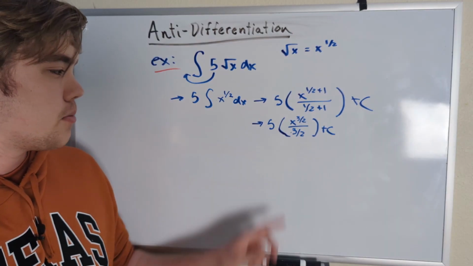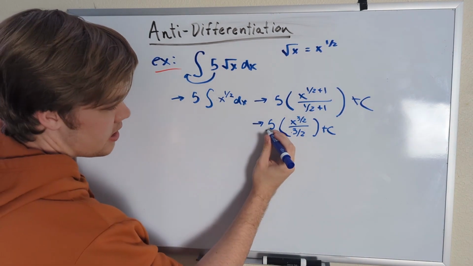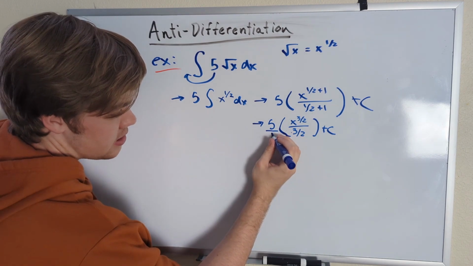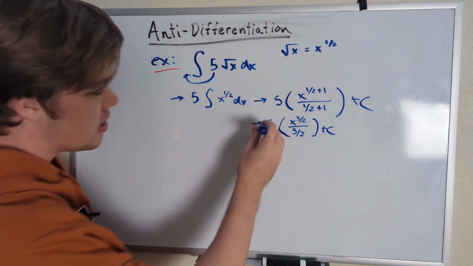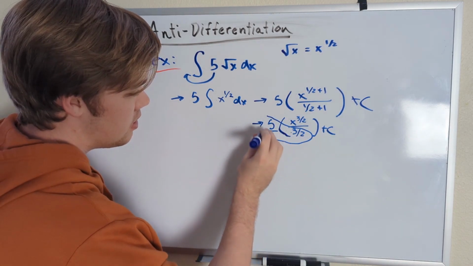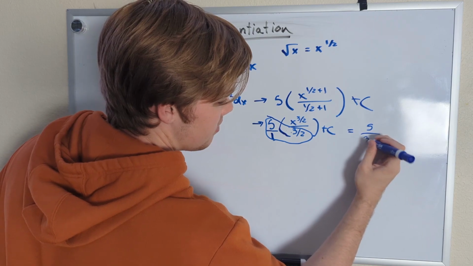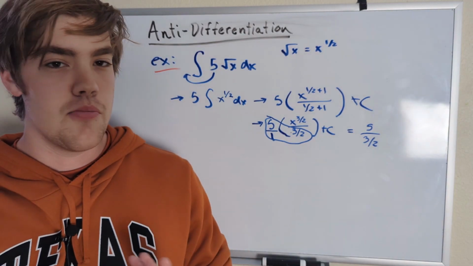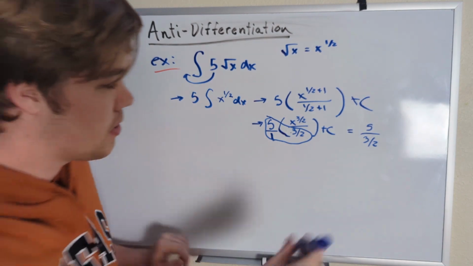And to finish off this problem, we need to multiply 5 times x to the 3/2 divided by 3/2. Remember, a constant is the same thing as its constant value divided by 1. Technically, this is a fraction. So this part here, this 5 divided by 3/2... Now, a little algebra trick that you may have forgotten about is that in order to divide by a fraction, you can just multiply by its reciprocal.